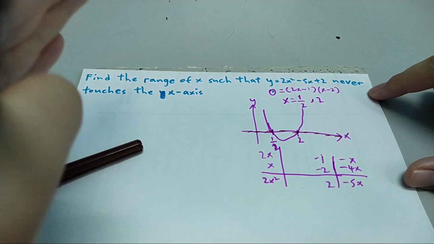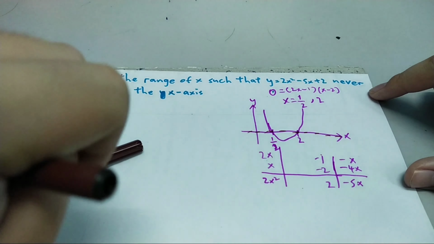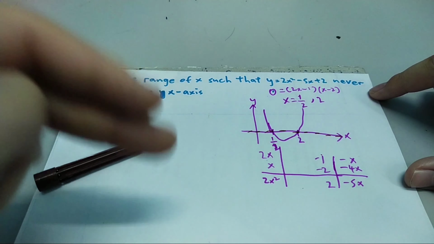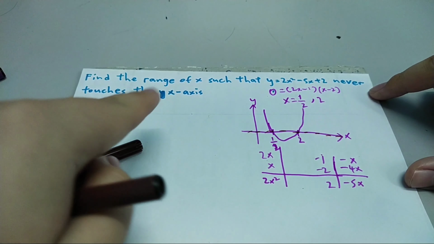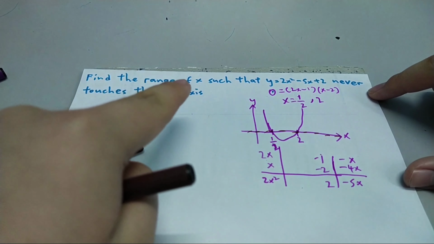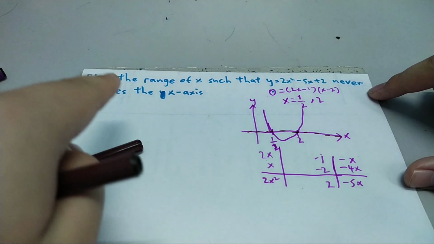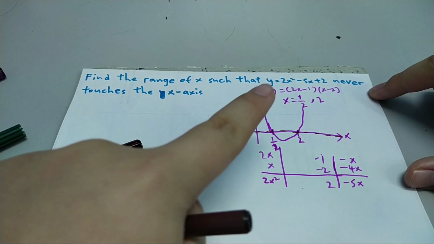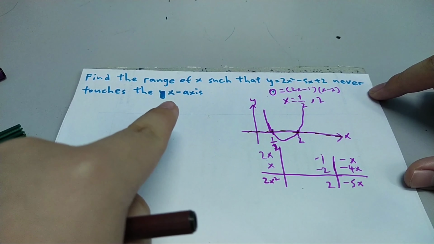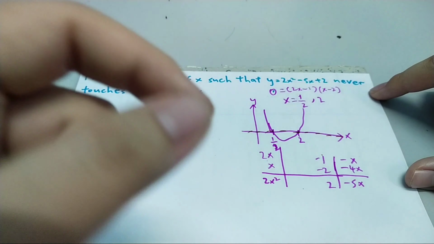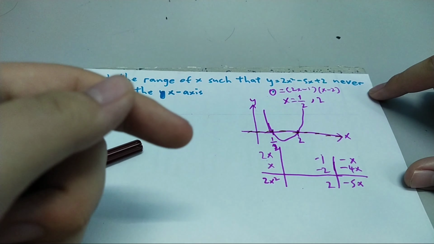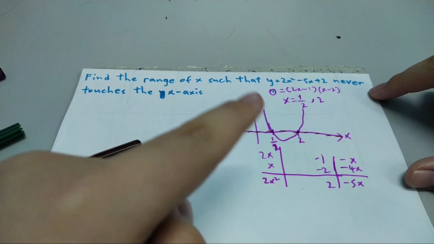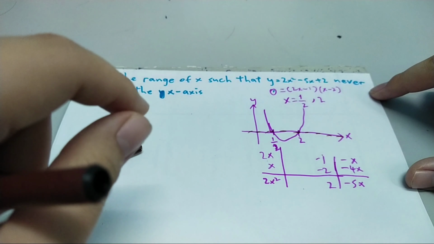So I have two cases: it's either bigger than 0 or less than 0. Remember, when a function touches the x-axis, that's the same as the x-intercept, and we want the range of x such that it will never touch the x-intercept.